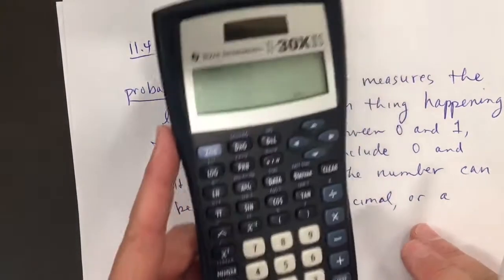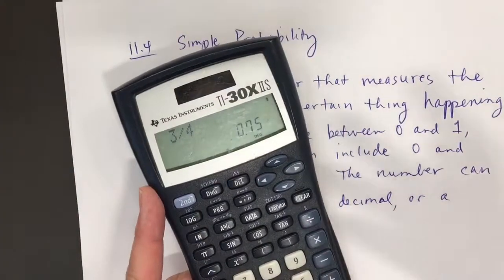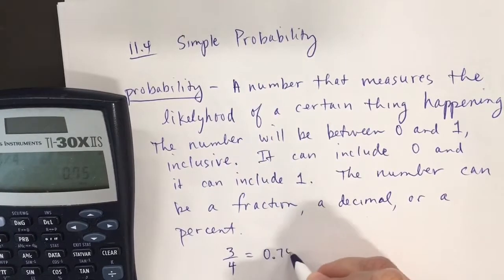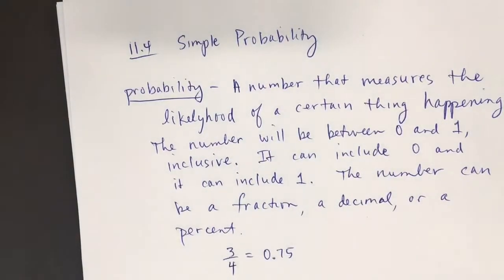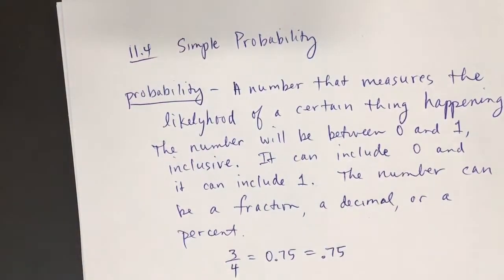So I'd take out my calculator, do 3 divided by 4, 0.75. 0.75 is the same as just 0.75. I'll write them both. And sometimes they'll say give it as a percent.